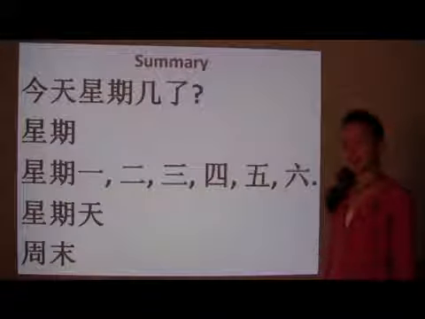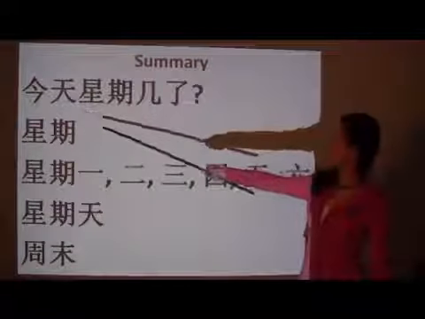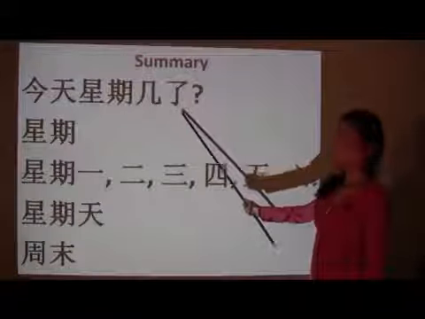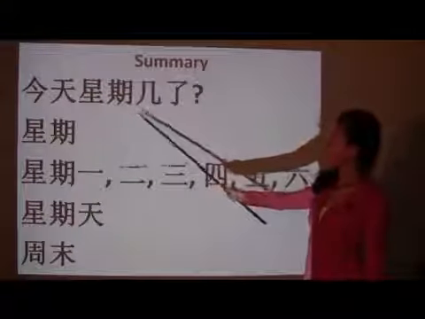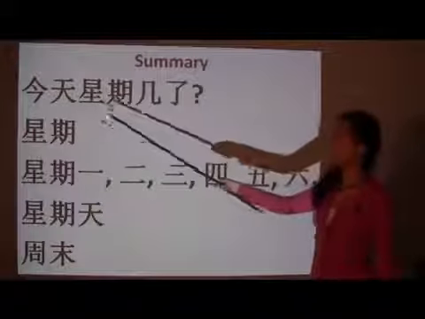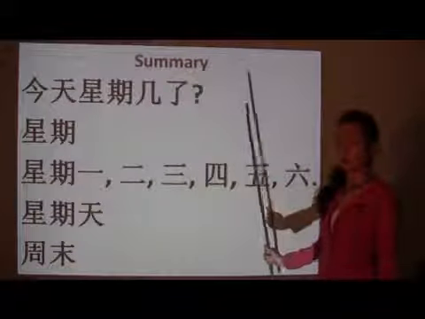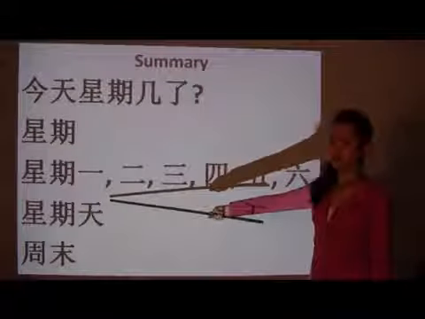And all the days are listed here. You got to ask a question. 今天星期几了? What is the day? 今天星期几了? And then to reply to that, you would say 今天, if you want to say Monday, 今天星期一.